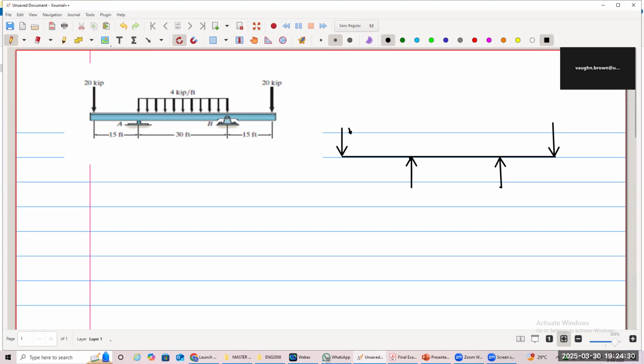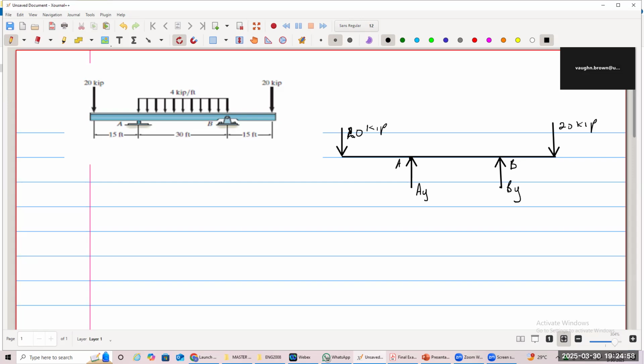So this is 20 kips. All right, so kips is another unit. So it's 20 kips. Okay, and then you have a reaction here because this is A and this is B. You can call this A_y and B_y.